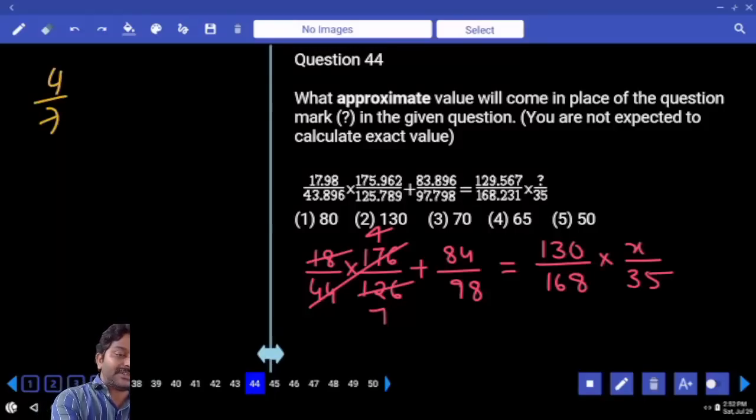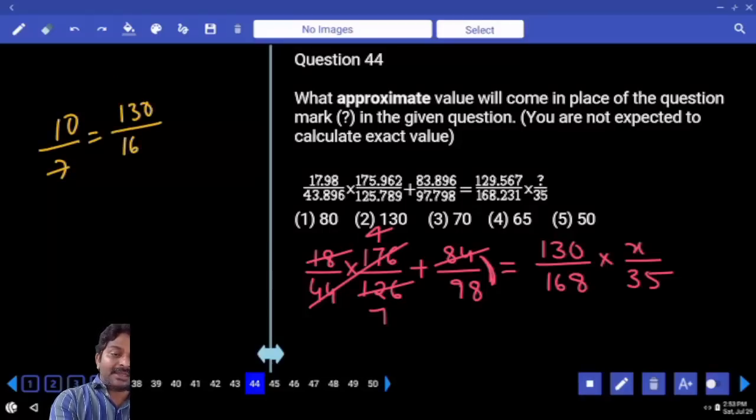Let me write 4 by 7 on the left hand side plus. What is the difference between numerator and denominator? 14 how many times is 84? And then the denominator obviously 7 times only. 4 by 7 plus 6 by 7, that is 10 by 7, is equal to 130 divided by 168 into x by 35.